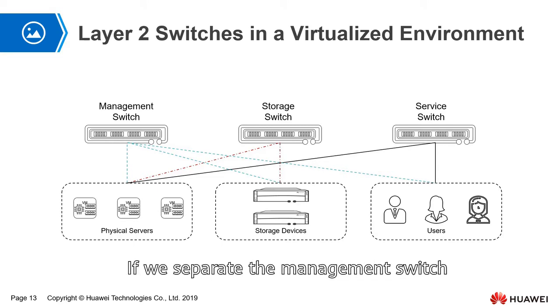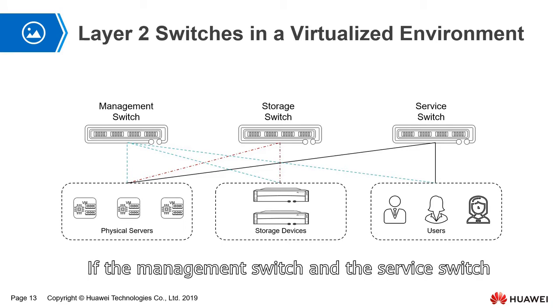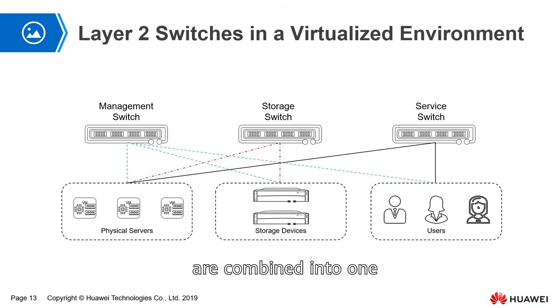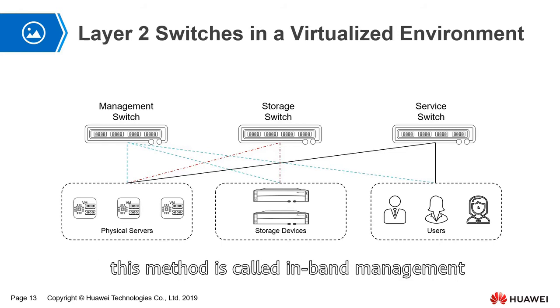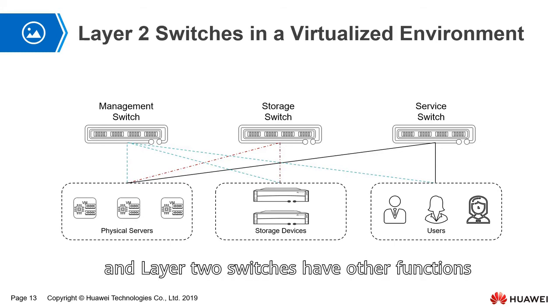If we separate the management switch from the storage and business switches, we call it out-of-band management. If the management switch and the service switch are combined into one, this method is called in-band management. These are the functions of layer 2 switches, and layer 2 switches have another function.